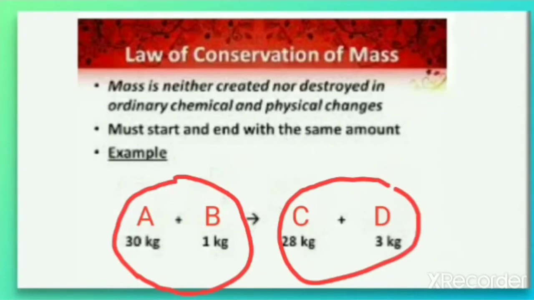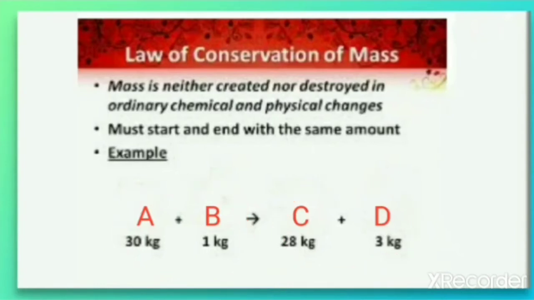That is why we use the word conservation of mass. Conservation means that it remains constant, or unchanged. Whatever the mass was before the process is equal to the mass after the process.